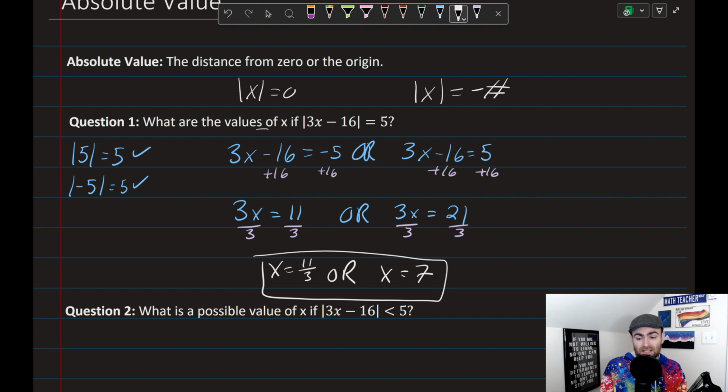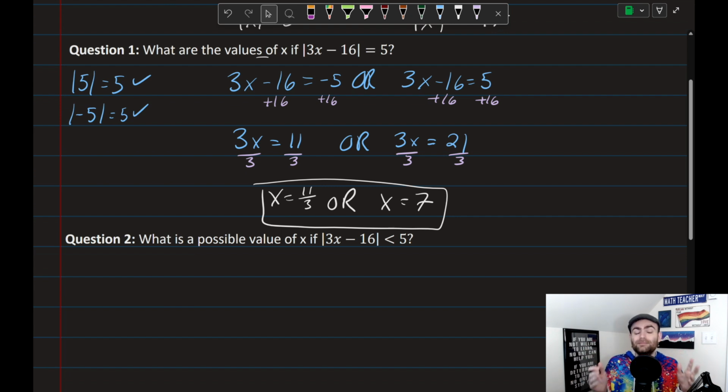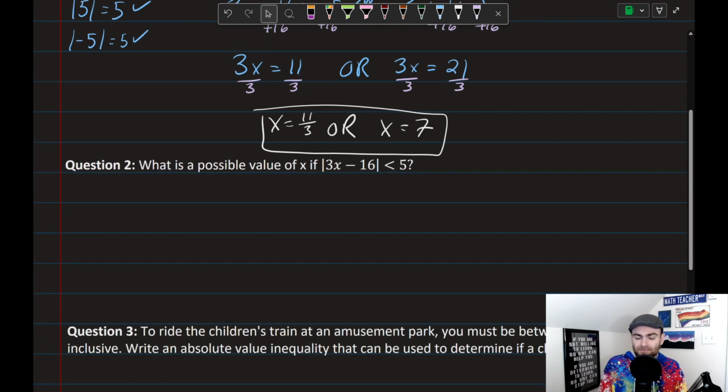One solution would exist if it equals 0, and two solutions exist if it equals a positive number. So as long as we're in the real number system. Again, if you're doing standardized tests or AP precalculus, AP calculus, we're sticking within the realm of the real number system, but do keep in mind that that can get expanded out later. But for our intents and purposes, that's what we got to use.